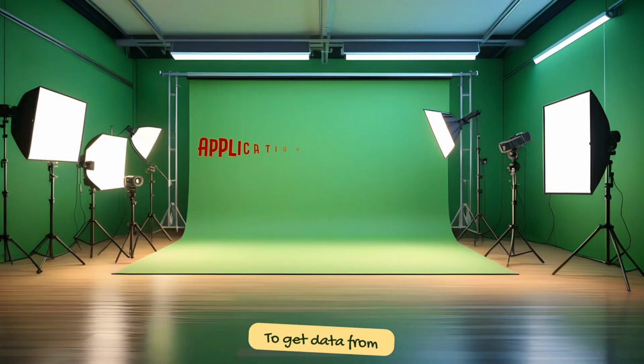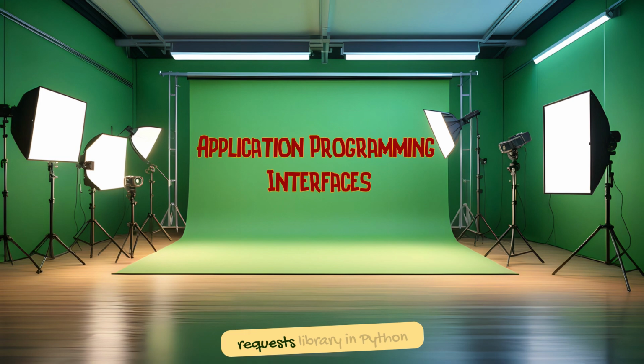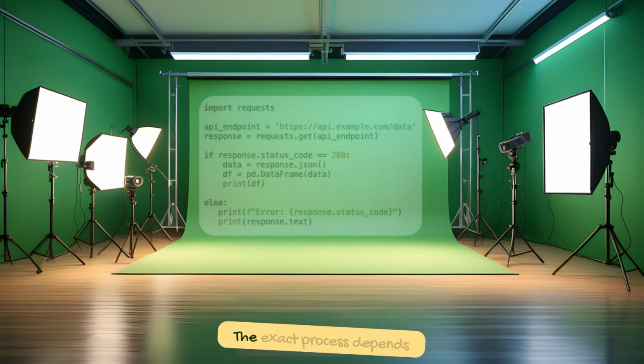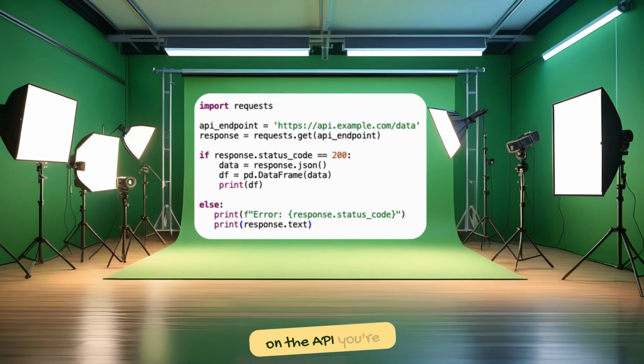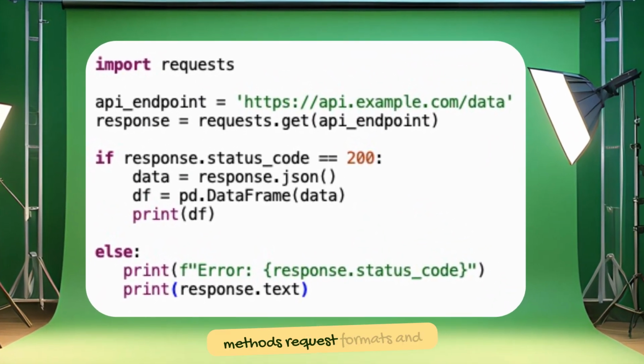To get data from online resources, such as APIs, application programming interfaces, you can use the requests library in Python to make HTTP requests. The exact process depends on the API you're working with, as different APIs have different authentication methods, request formats, and endpoints.